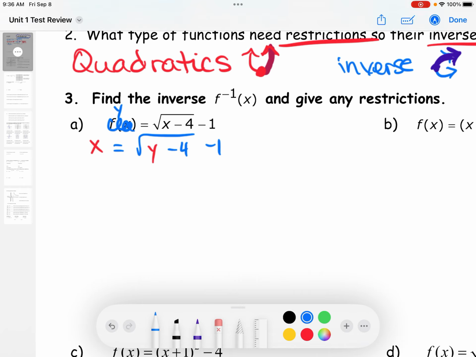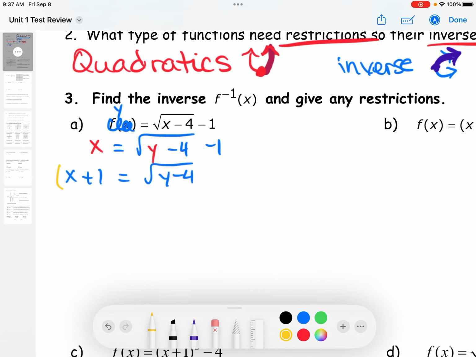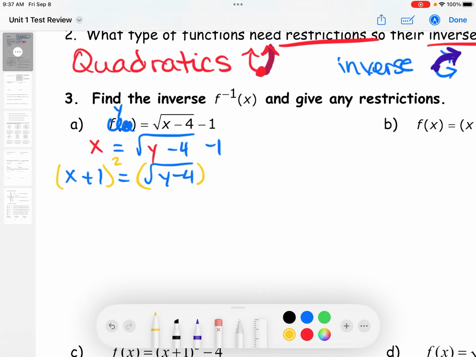First thing we need to do is move that 1 over to get the square root by itself. So x plus 1 will be the square root of y minus 4. And then to undo that square root sign, we need to square both sides. So we'll have x plus 1 in parentheses squared equal to y minus 4.